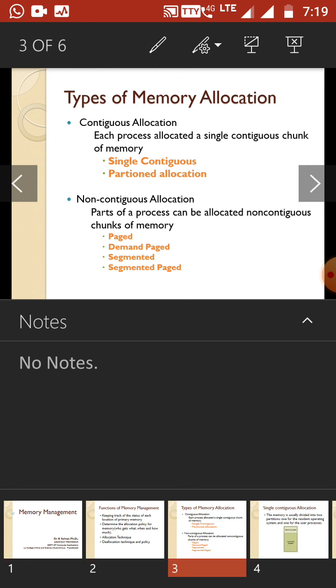I think everybody has a mobile phone with a dictionary, in which you can find the meaning of the term contiguous. Contiguous means continuous. Contiguous allocation means the OS allocates memory space for one user program.